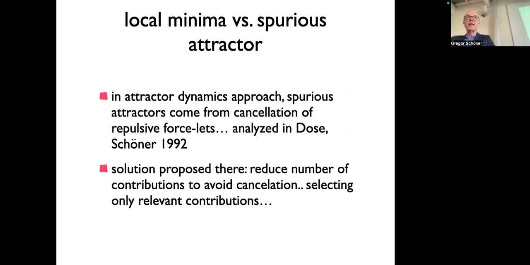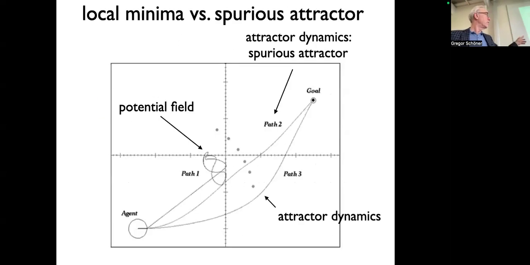The intuitive sense for that is that, remember these repulsive forcelets, right? If I have an obstacle somewhere here, there will be a repeller here, so it pushes me away on this side. That's it. There's also the other path, but that's the other one here, right? Then I'm fine. But if I'm on the inner side of that obstacle, like this obstacle here, I could either go this way or this obstacle pushes me inwards.